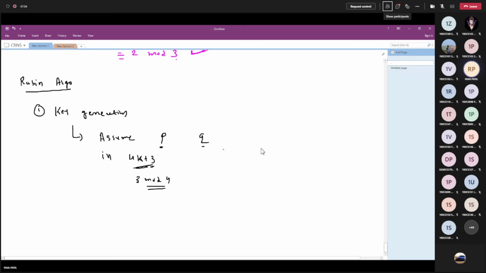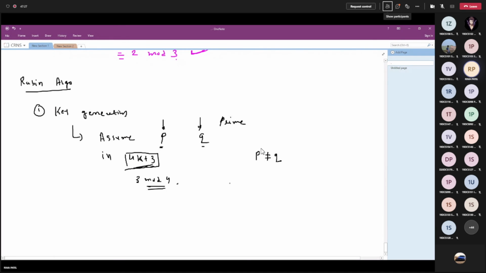Now the next thing is P and Q both should be prime. They should be prime in such a way that they fulfill this condition, that is 4k plus 3 form, or you can say congruent to 3 mod 4.